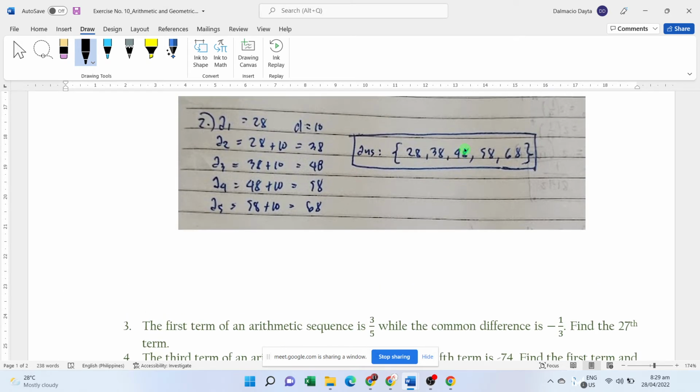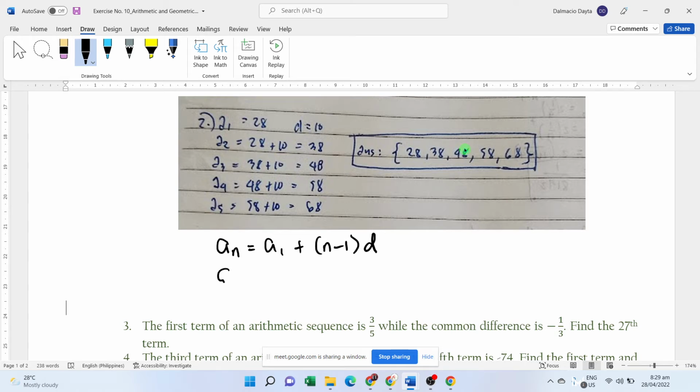From the formula for a particular term in the arithmetic sequence, we have a sub n equals a sub 1 plus n minus 1 times d. You substitute all the values.